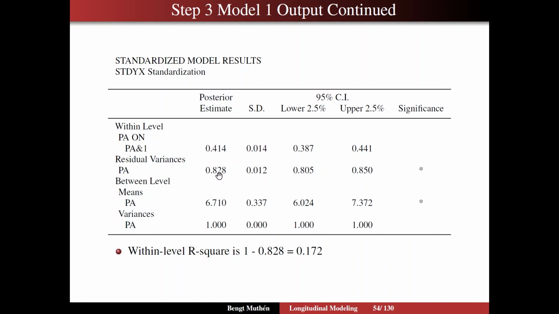And the residual variance on within standardized is 0.828, so the within level R² is 1 minus 0.828, so 0.172, which means that we have a lot of room to improve the prediction of positive affect by perhaps other variables, other predictors in the model.